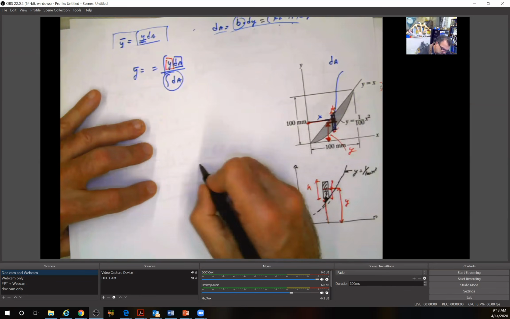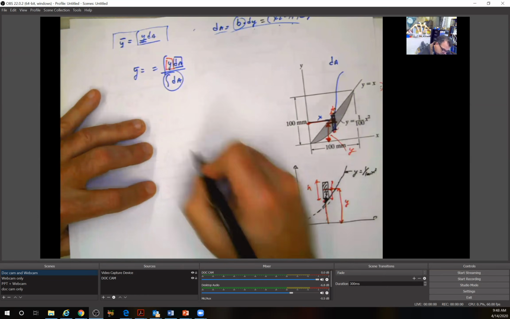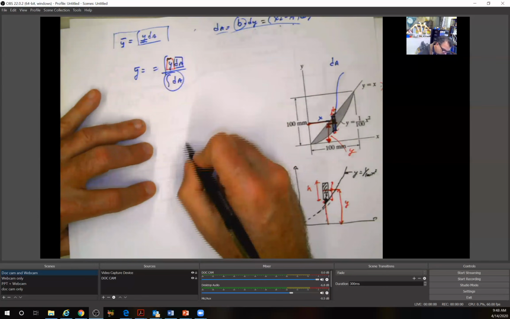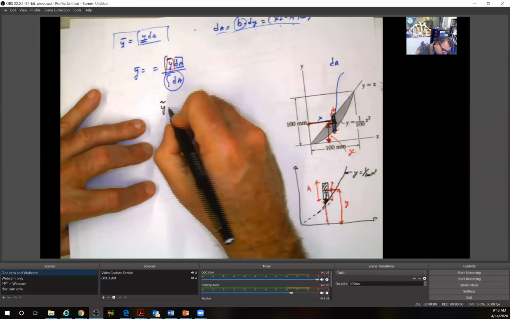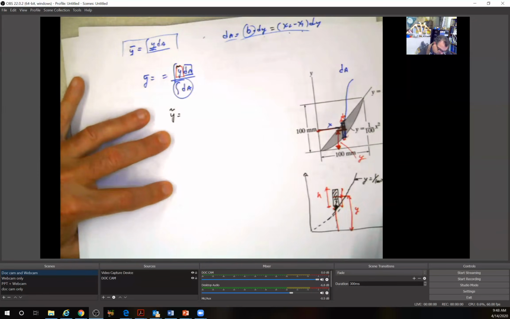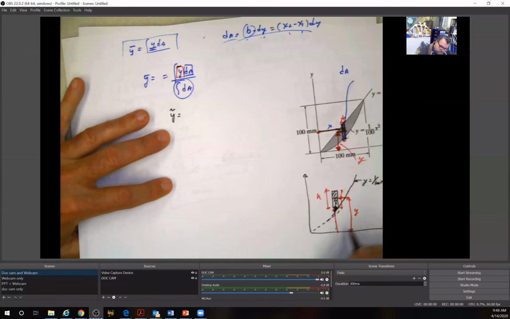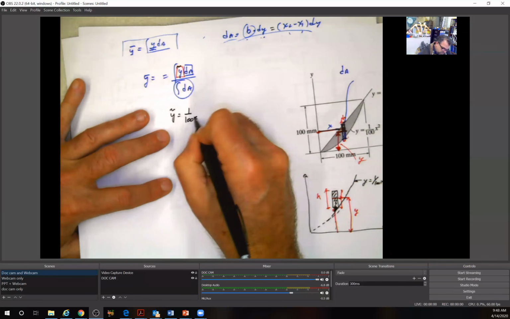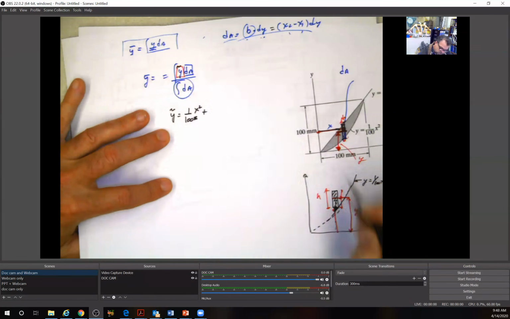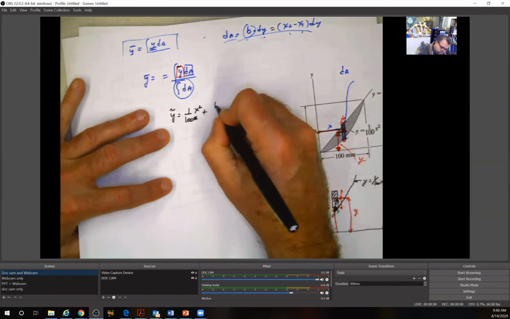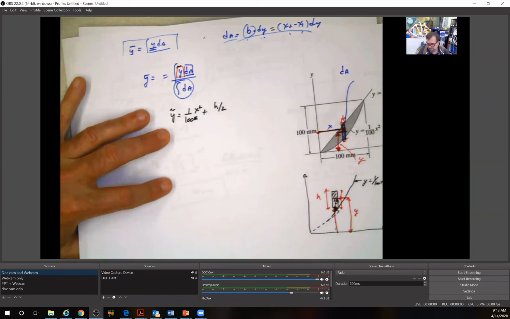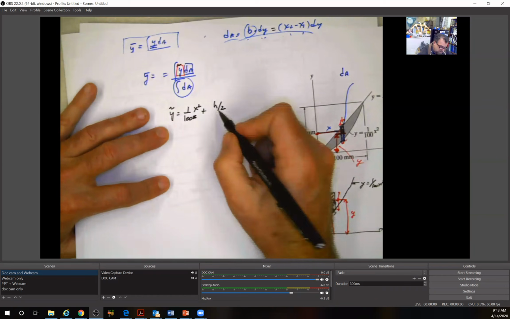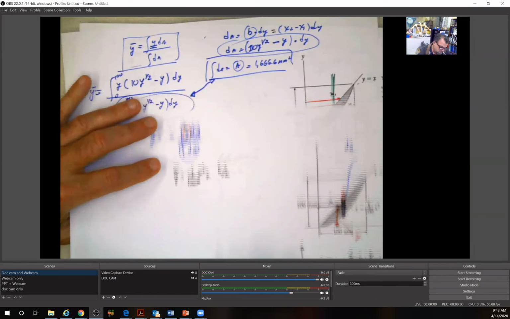So that distance, which is called y wiggly, or y tilde, will be the value for y, which is 1 over 100 x squared, plus half of that h distance that we calculated before.